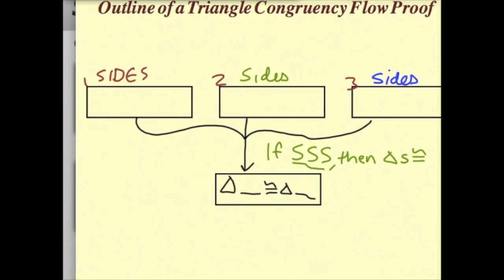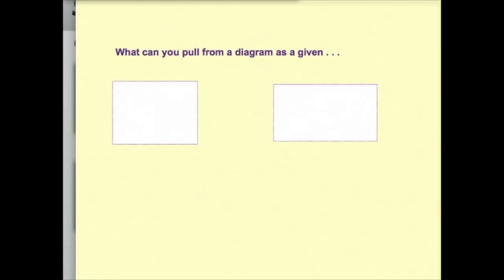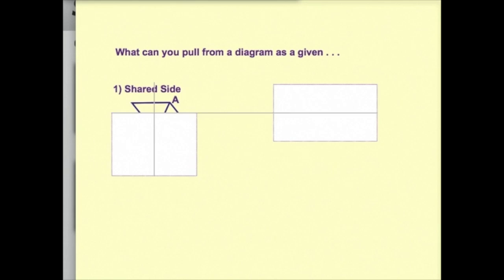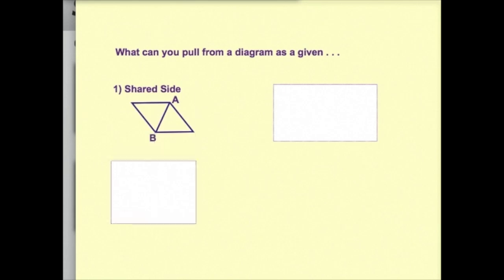So let's begin our first proof. Let's give it a shot. Oh, I forgot about one thing. Sometimes there are things from diagrams, or just how these pictures are drawn, that we can consider as given information. When we have two triangles that share a side, we can use that shared side in our proof. For example, side length AB and BA would be congruent to itself.